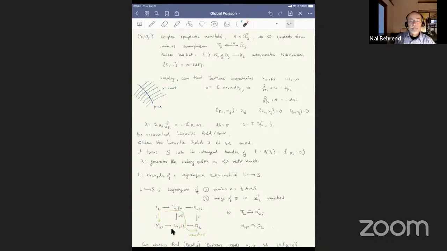Therefore this map here actually maps to here.